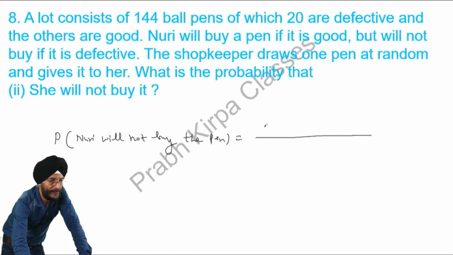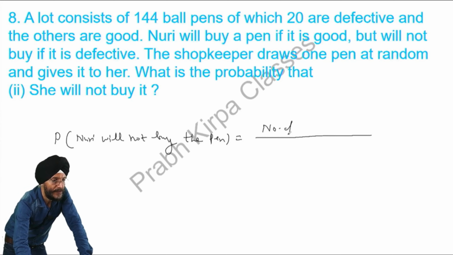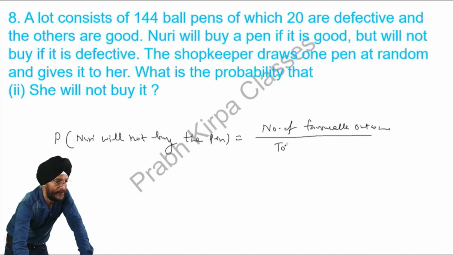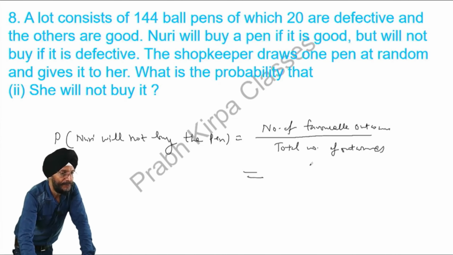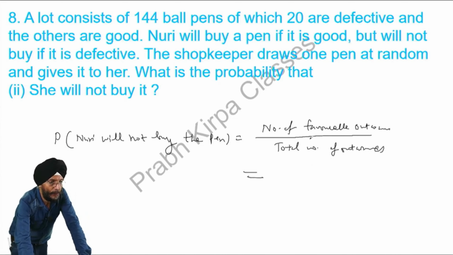Here the number of favorable outcomes is to be divided by total number of outcomes. This is the formula to calculate the probability in any question. So she will not buy the pen.